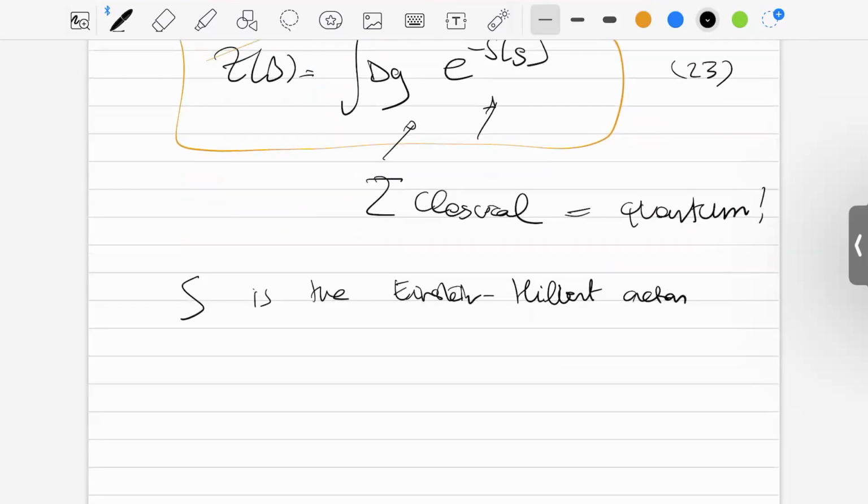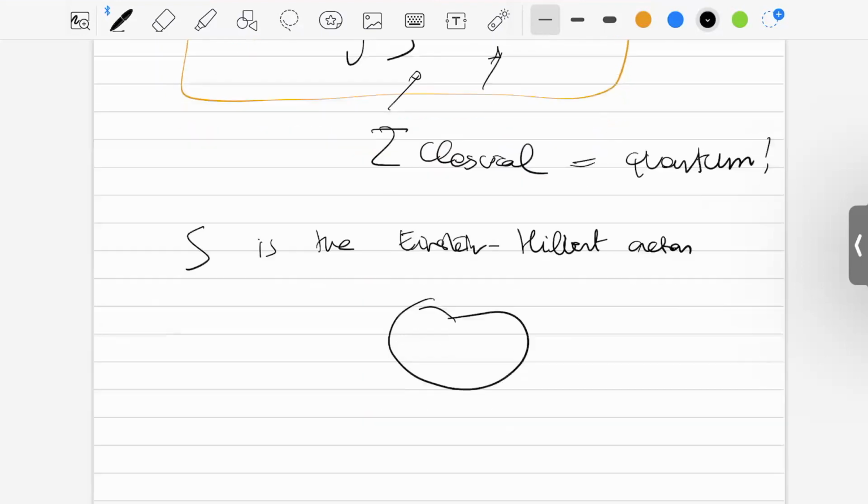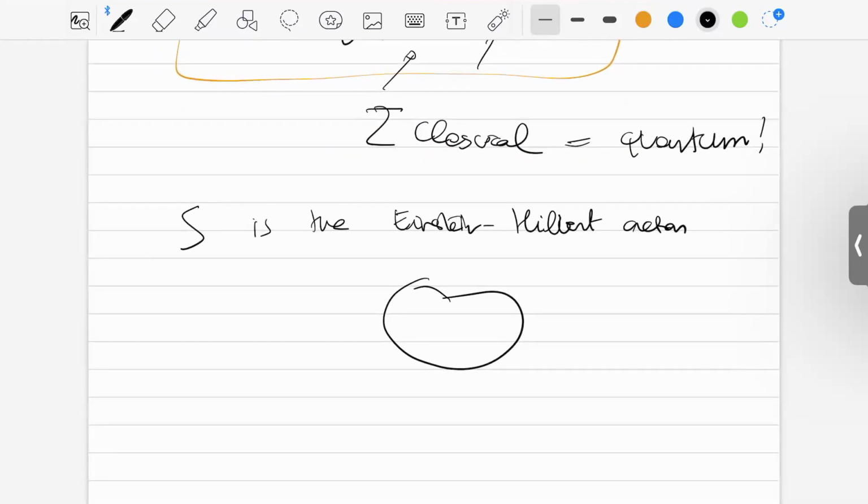And now there is a tricky part, because we do not need only the Einstein-Hilbert action, but we also need a boundary term. Here we are integrating on some manifold, and it's possible for this manifold to have a boundary. So S will be the Einstein-Hilbert action plus some boundary term, and this boundary term is known as the Gibbons-Hawking term.